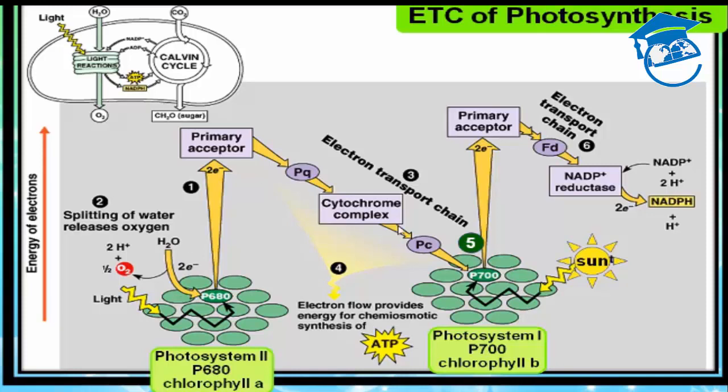As you can see, this forms a Z shape. This shape is formed when all carriers are placed in a sequence on the redox potential scale, students.